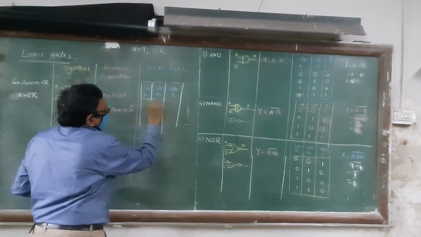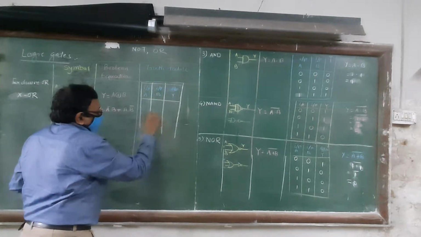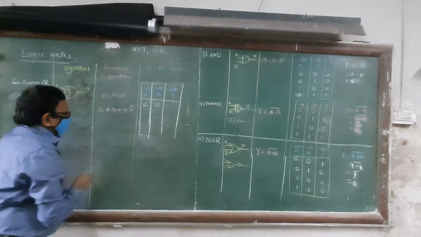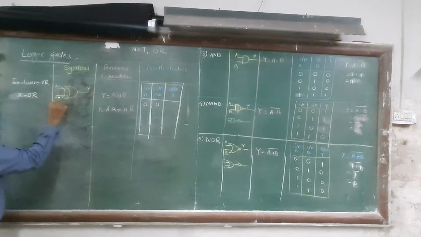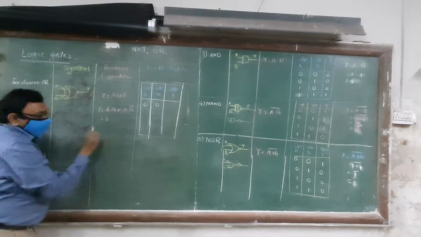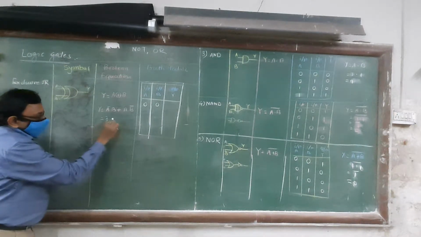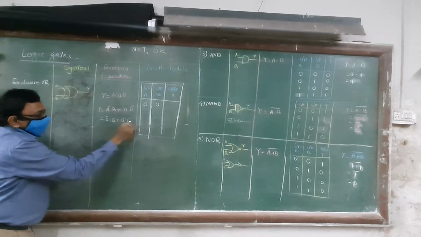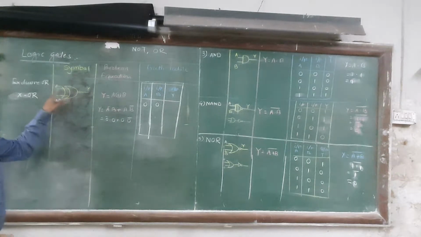Logically, we verify it from this truth table. If both inputs are 0, then the condition is 0 complement into 0 plus 0 into 0 complement. Now we substitute the values.